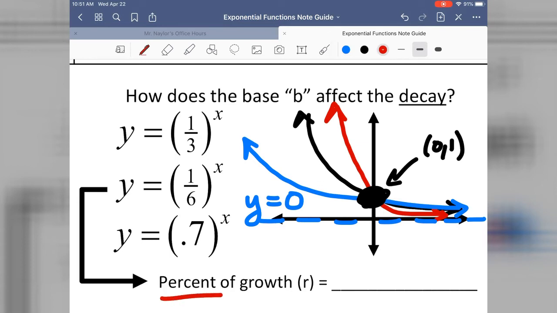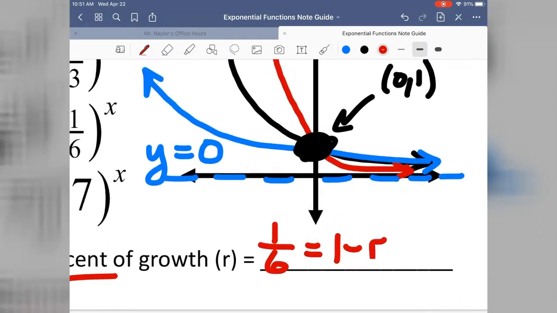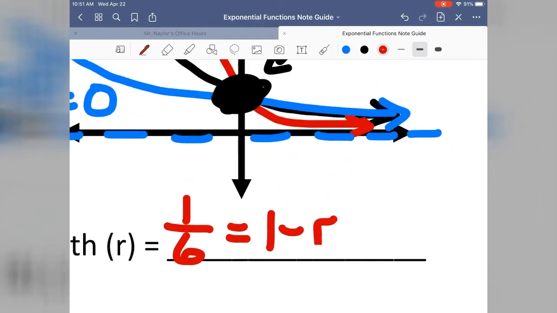To discuss this percent idea one more time, are you catching on to that? The percent is just the number R, which can be found by thinking that the base would be the same as 1 minus R. Now, the reason it's 1 minus is because these numbers are less than 1. So we have to ask ourselves, what type of R value could we subtract from 1 to get 1/6? And the answer, of course, would be 5/6.